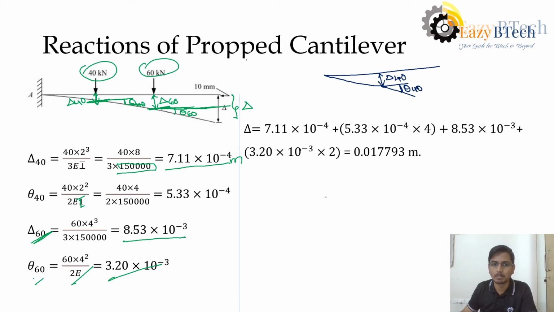Now at this point, because of 60, some displacement is taking place here. I don't know where exactly is displacement. If you compare this one, when delta 60 is more, right? So it will have some displacement like this here.